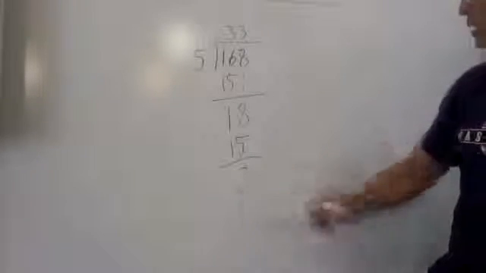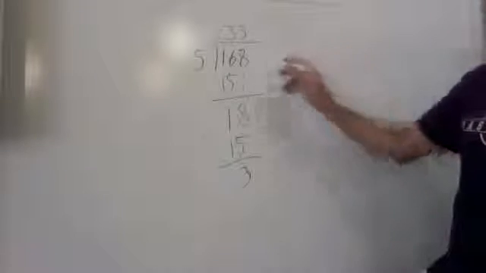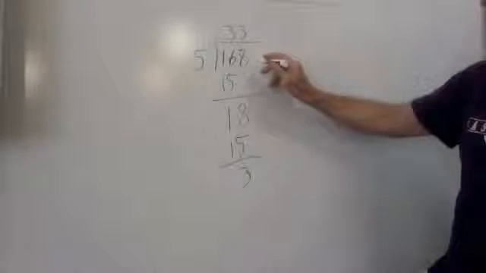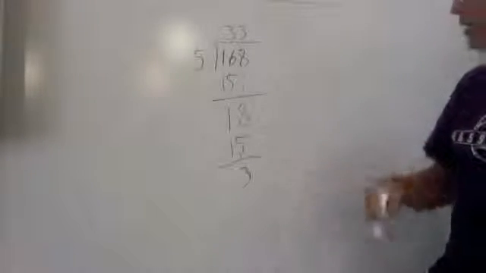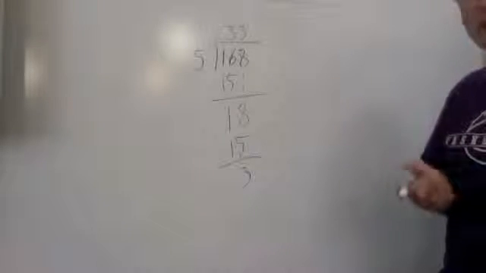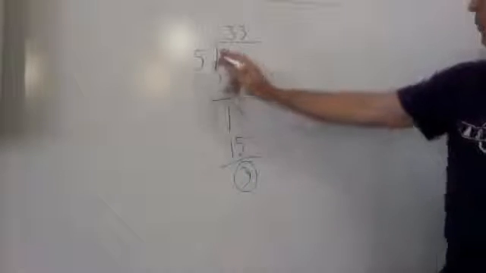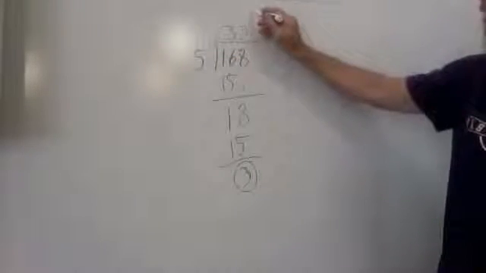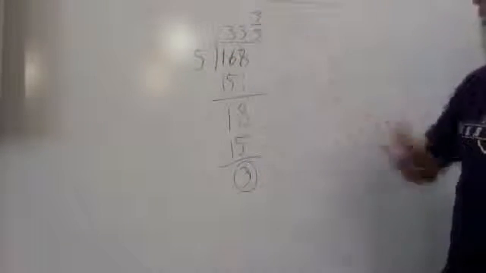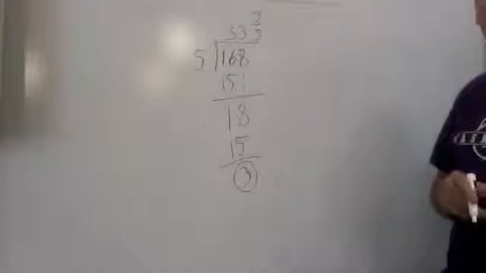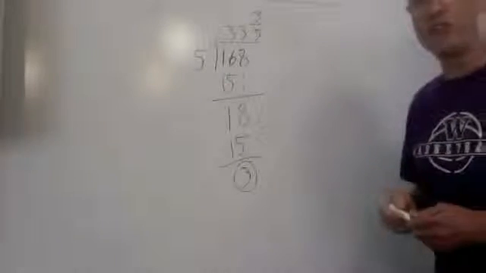Subtract, and you get a 3. If you wanted to keep going and do decimals, then of course you could add a 0 and bring the 0 down. But if you want to just leave the remainder as a fraction, you just take this and put it over that. So it's 33 and 3/5. How was that? Did it take you back in the Wayback Machine?